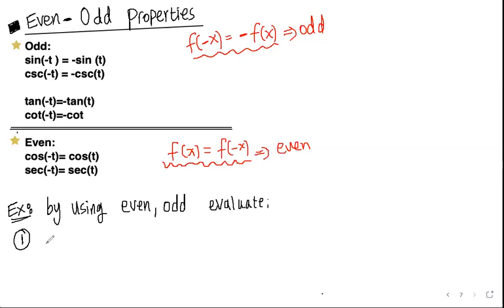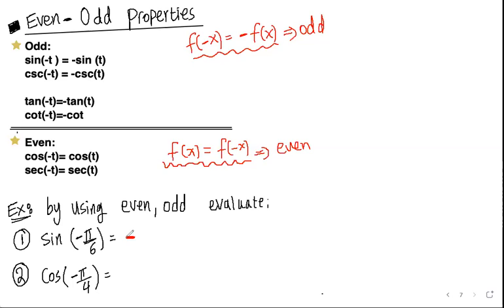The question is: number 1, sine of minus pi over 6. Number 2, cosine of minus pi over 4. The sine function is an odd function, so sine of minus t is the same as minus sine of t.